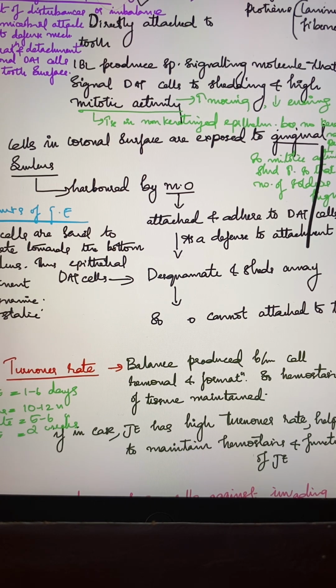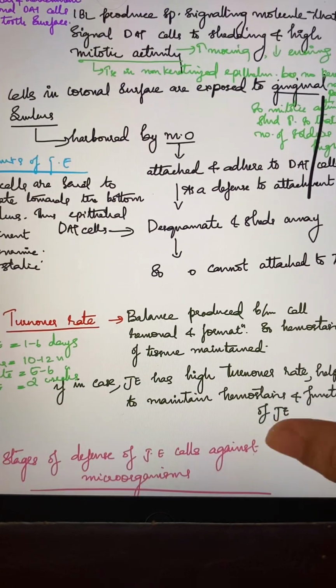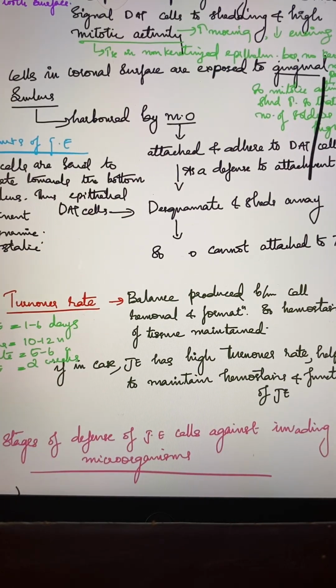The epithelial attachment is another name for the junctional epithelium. The balance produced between cell removal and formation is known as the turnover rate. This turnover rate is important so that the homeostasis of the tissue can be maintained.